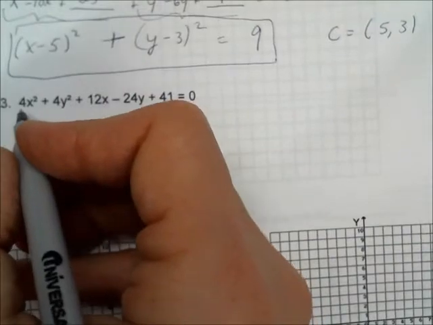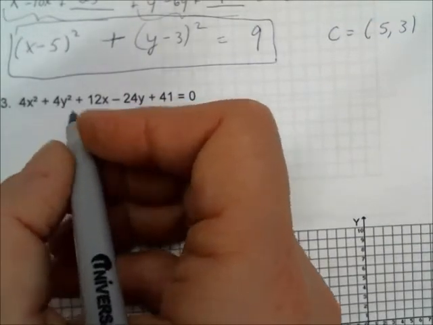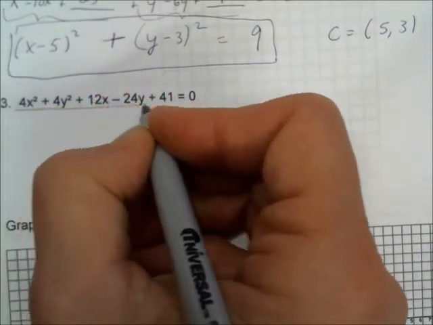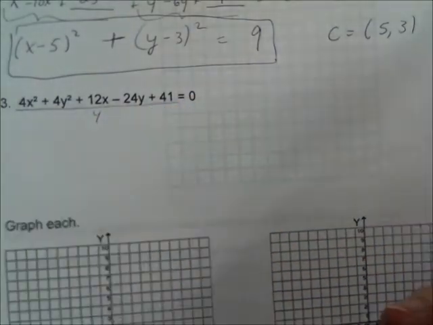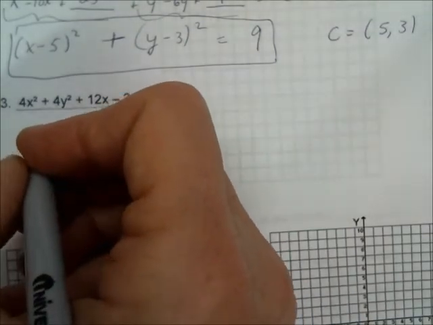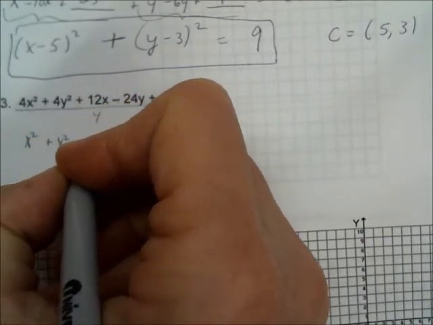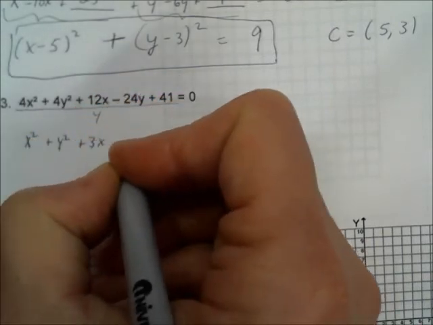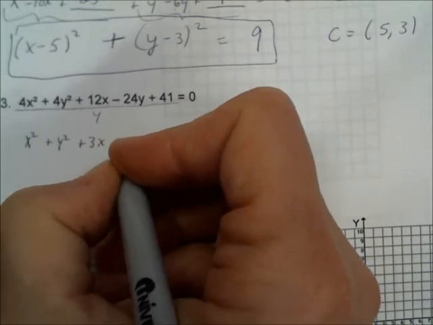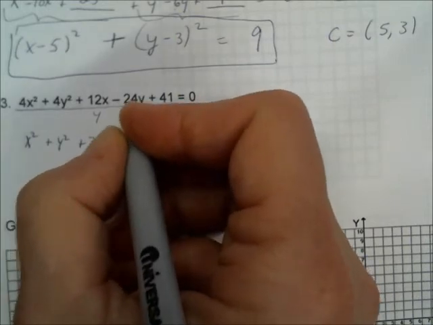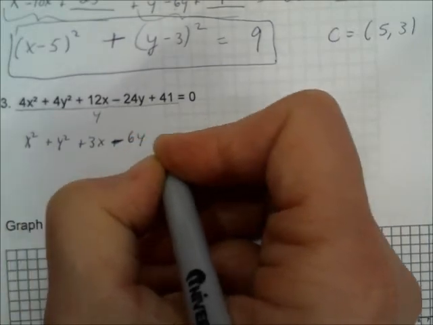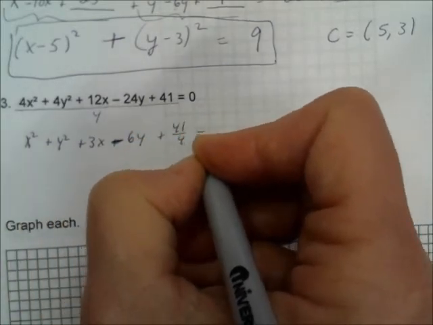Now this one, you have a 4 in front of these x squared and y squared, so you're going to have to divide everything out by 4. So this is going to say x squared plus y squared plus 3x minus 24 over 4 is 6y plus 41 over 4 equals 0.